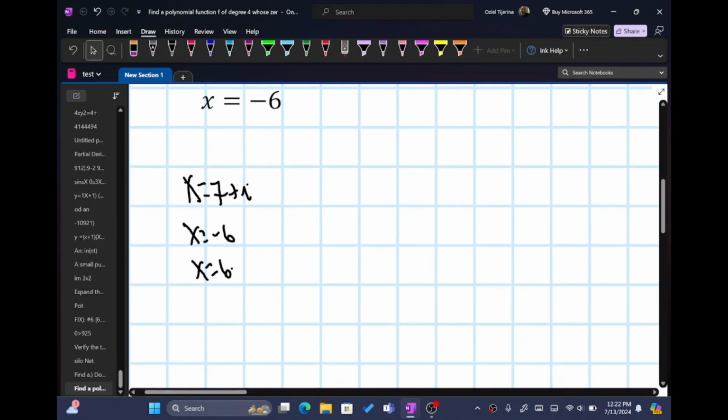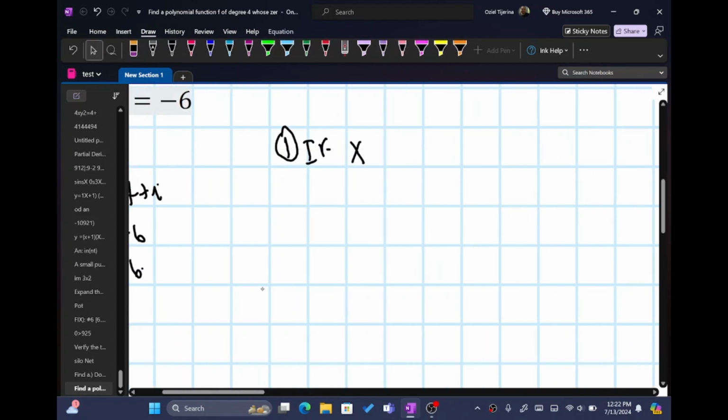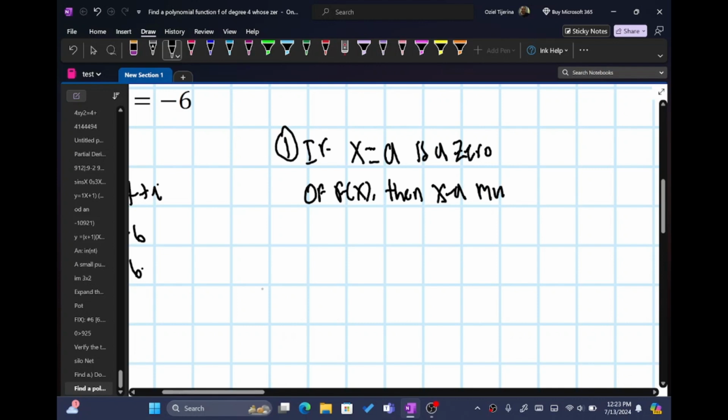Let's get the easy stuff out of the way. Number 1, if x equals a is a zero of f of x, then x minus a must be a factor of f of x.